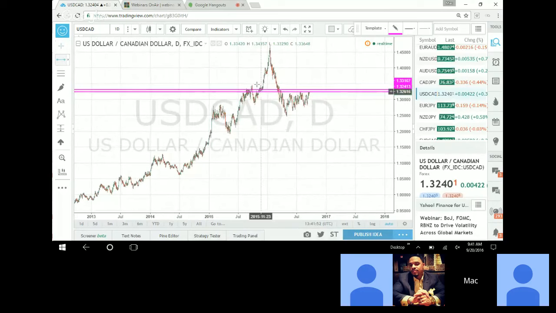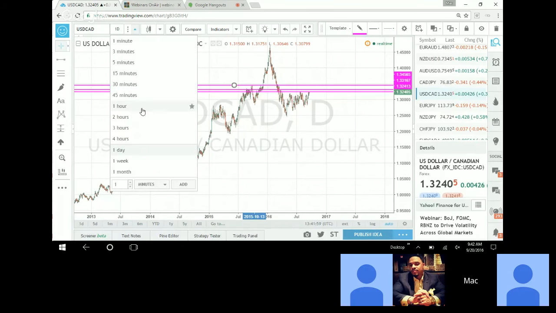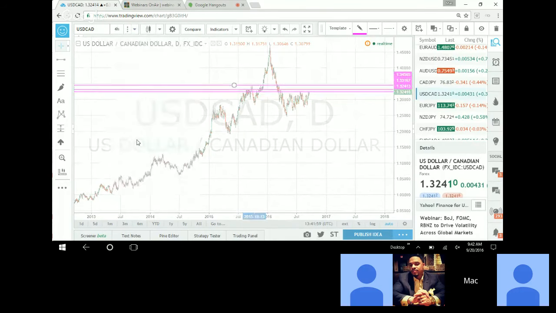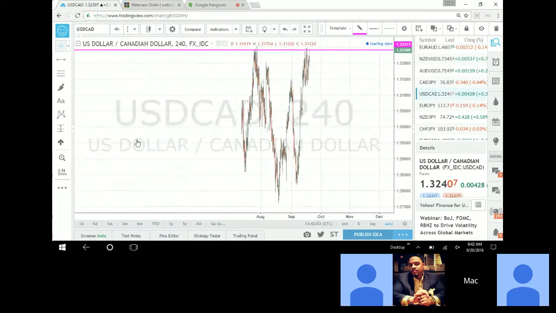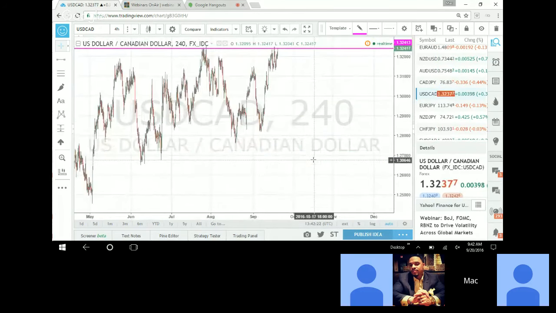Let's put another one right here. All right, I'm going to go back down to the 4-hour chart. As you see, this is a pretty strong resistance area. If it does break this line, I want to see what happens when it comes up here. This should be dropping again if it doesn't break. If it doesn't break, we should get a nice drop.